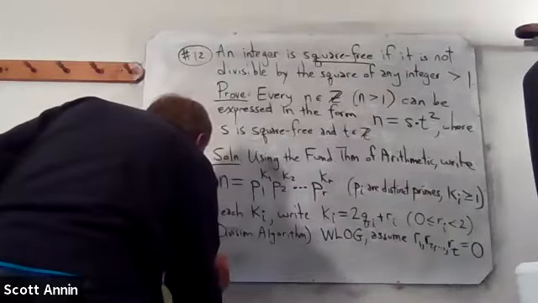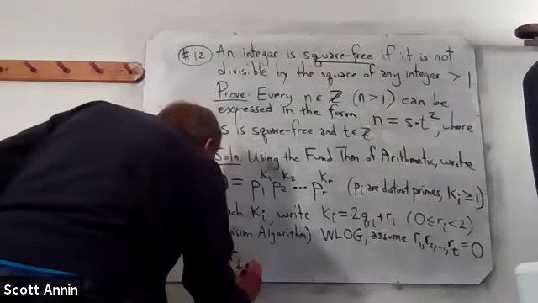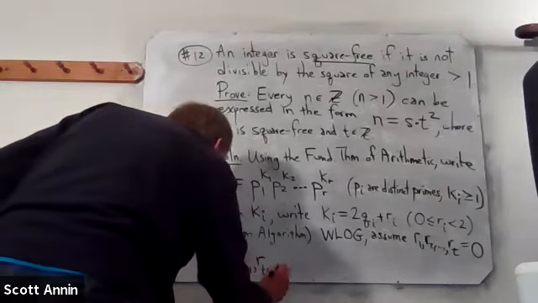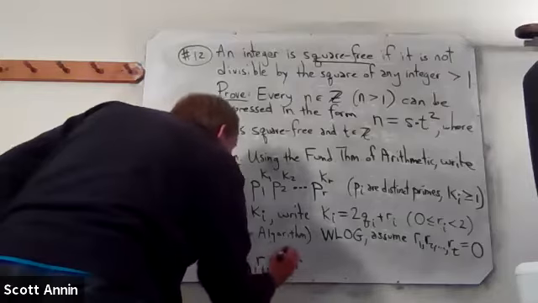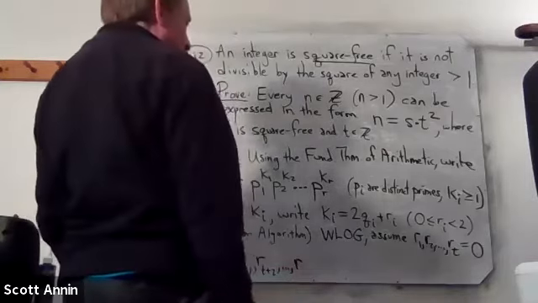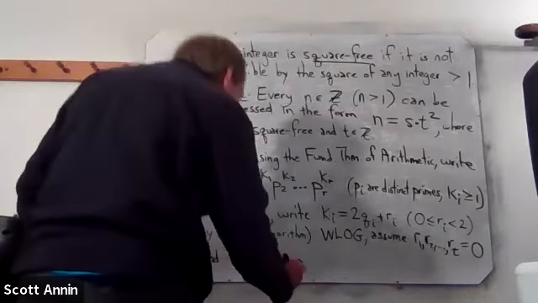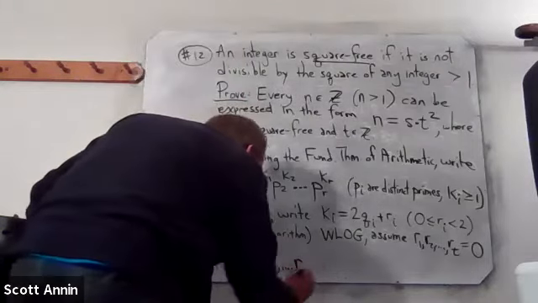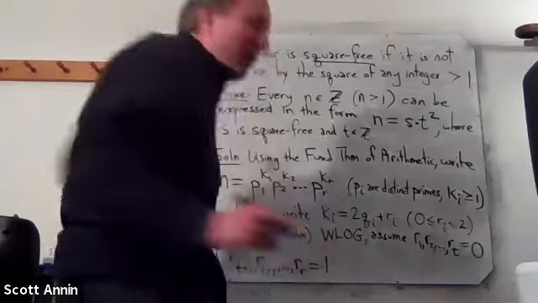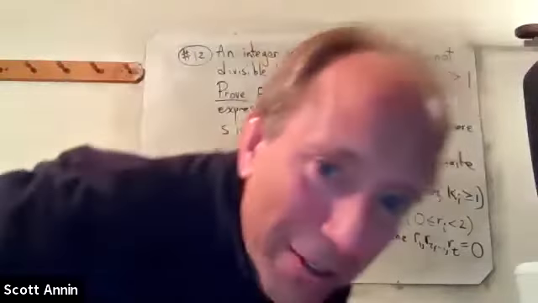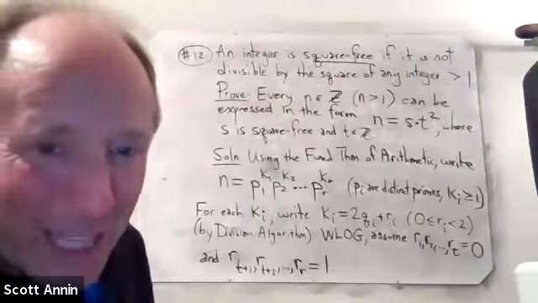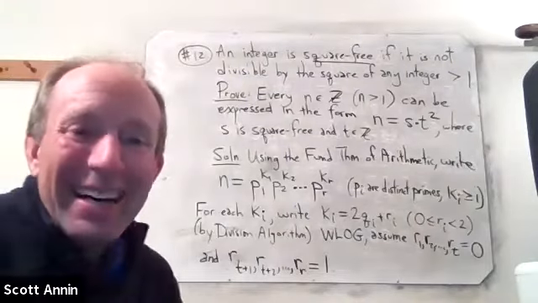And then the ones after that, r sub t plus 1, r sub t plus 2, and so on, all the way up to r sub r, those are all equal to 1. This is not the world's best notation on my part, so I apologize for that.